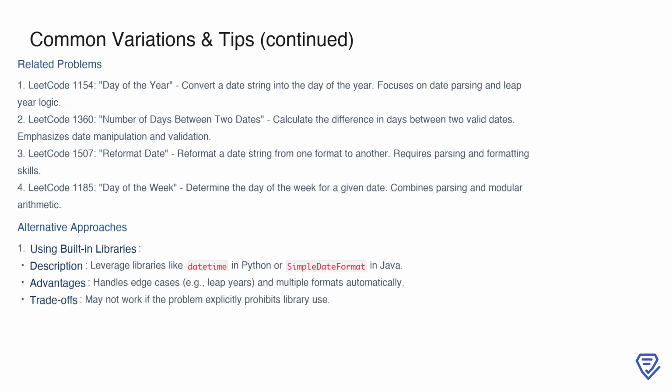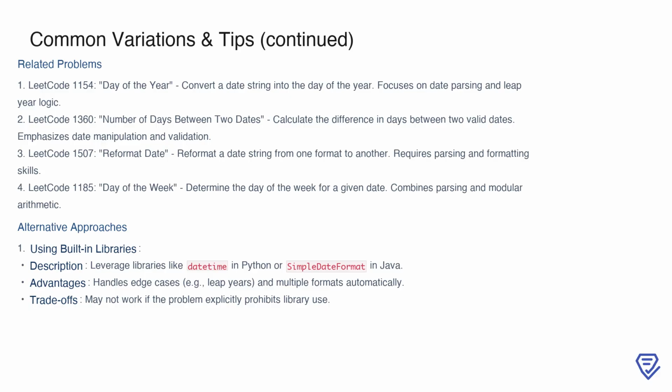To deepen your understanding, you can explore related problems that emphasize similar skills. For example, LeetCode 1154, Day of the Year, involves converting a date string into the day of the year and focuses on date parsing and leap year logic. Another problem, LeetCode 1360, Number of Days Between Two Dates, requires calculating the difference in days between two valid dates, emphasizing date manipulation and validation.